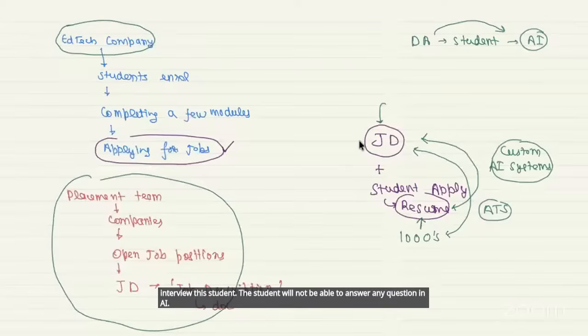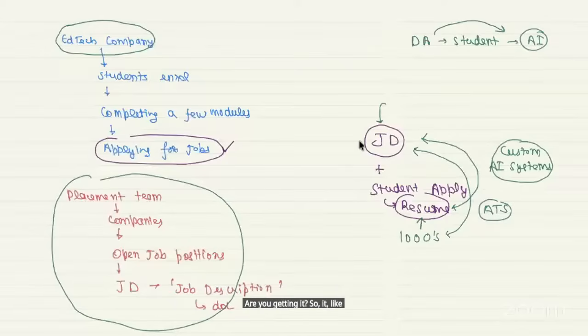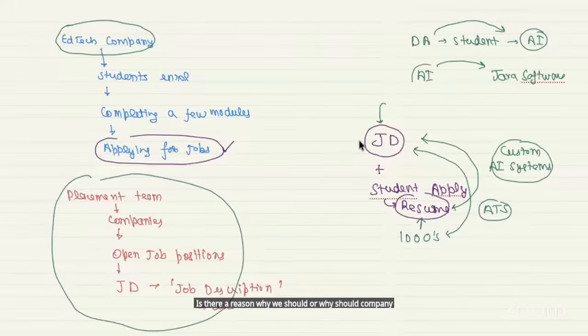Are you getting it? Similarly, if there is a student who is learning AI and there is a requirement in Java software development, why should the company interview this student? No reason, right? So this has to be properly filtered out.